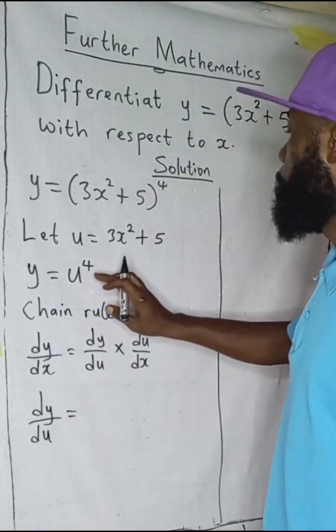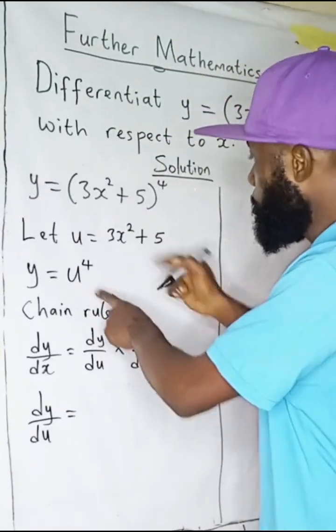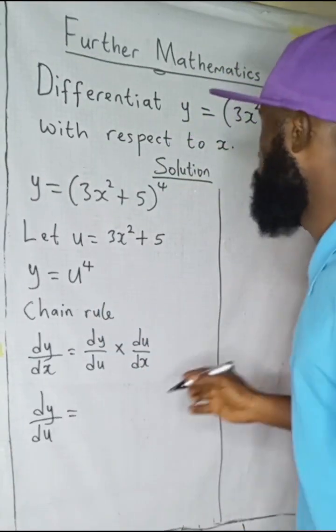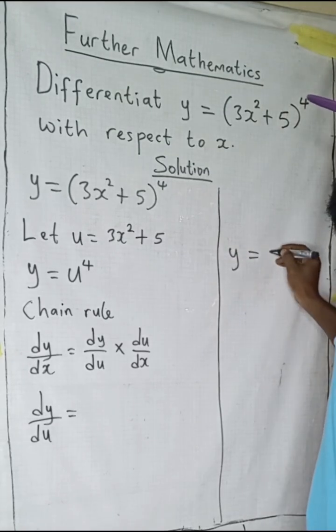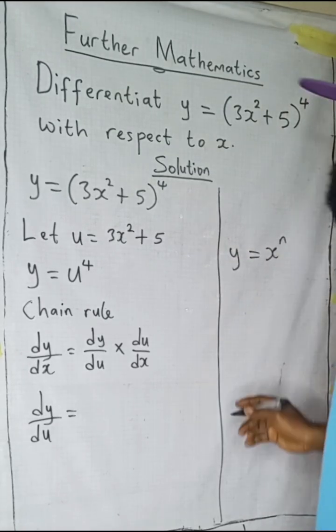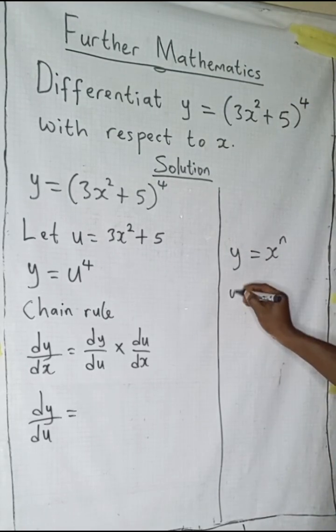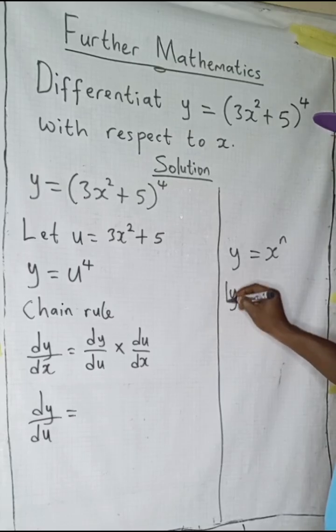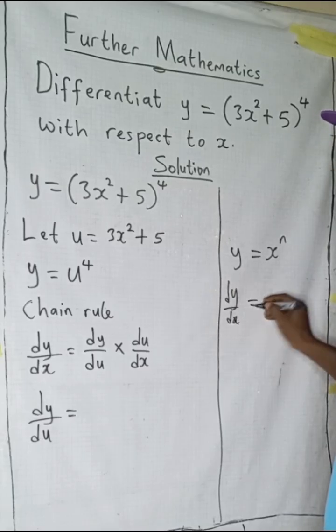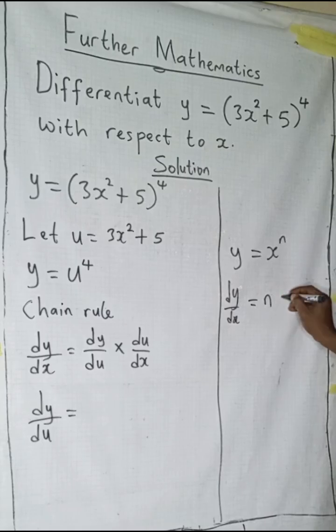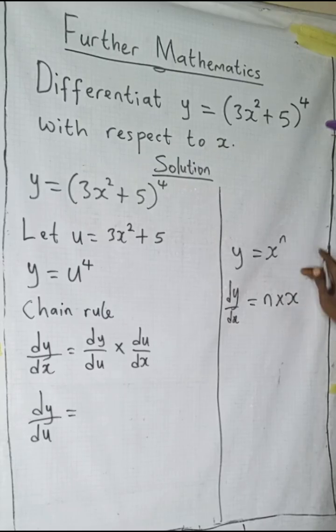When we come here to find dy/du, what will happen if we have a function y equal to x to the power of n? To differentiate this, dy/dx will be n times x to the power of n minus 1.